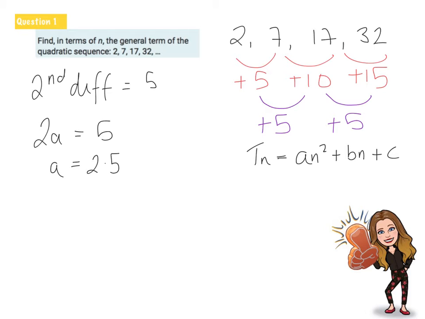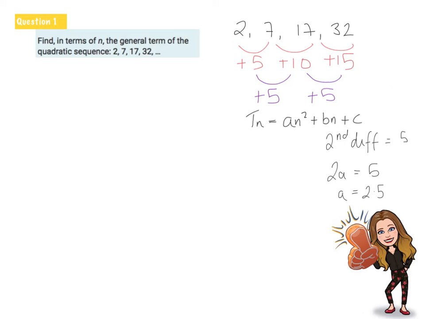And now what we do is we fill in t of 1 and t of 2 and make two separate equations. So first of all, we need to establish what is t of 1 and what is t of 2. This is t of 1, this is t2, t3, and so on. Now we're going to use t of 1. T of 1 is 2, and our a is 2.5.